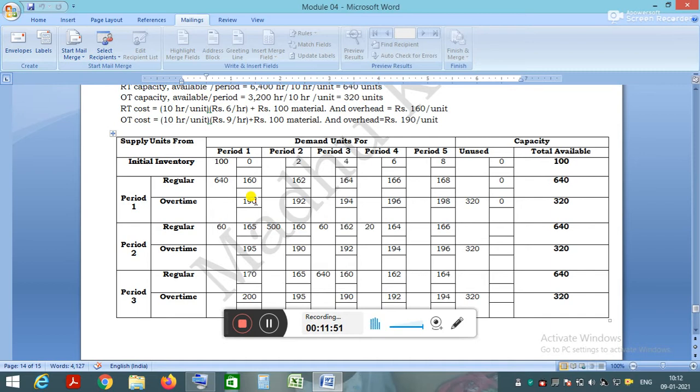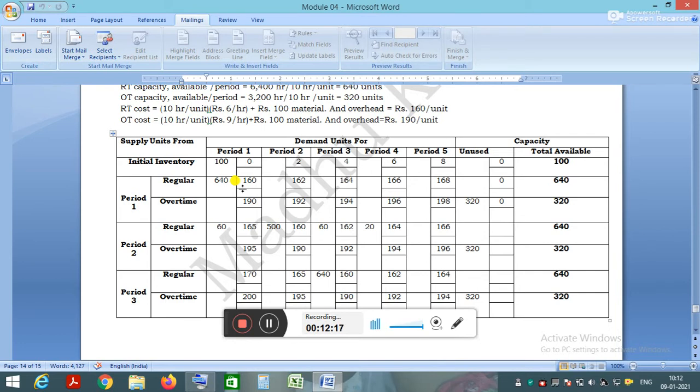Since the regular time cost is less compared to the overtime cost, we first give preference to the regular time. 800 products were required in period 1, but already 100 products were available as inventory. Therefore the remaining 700 products are to be manufactured.